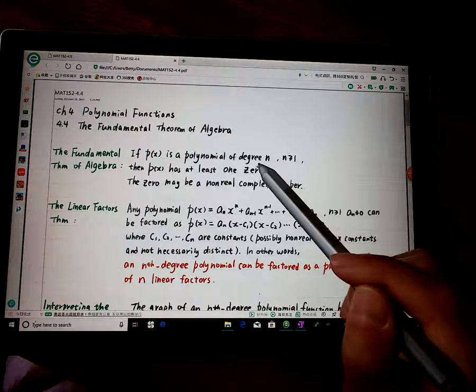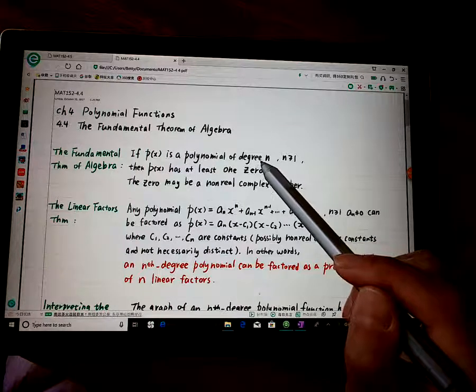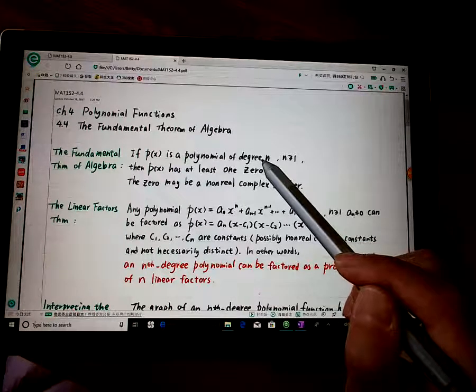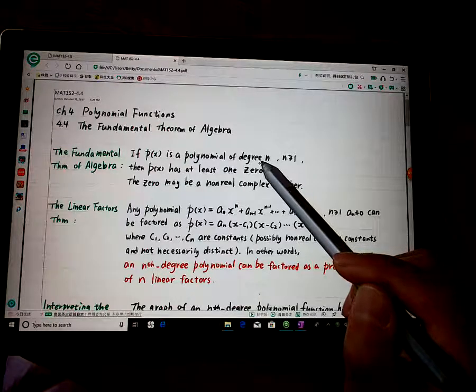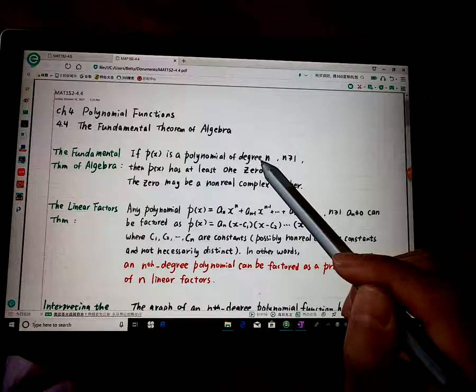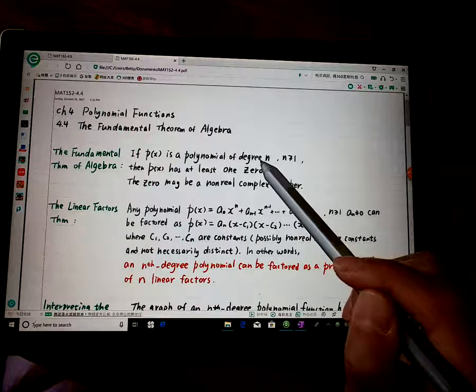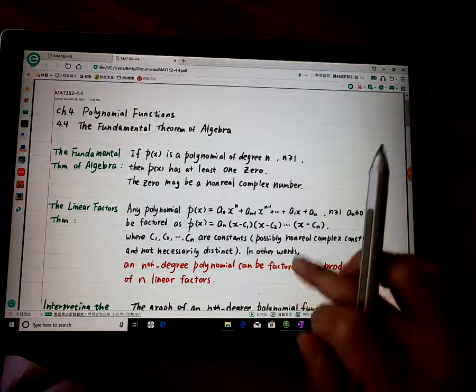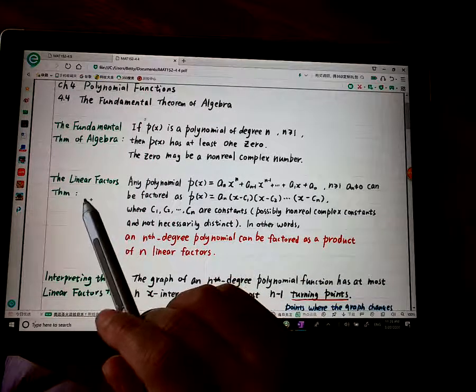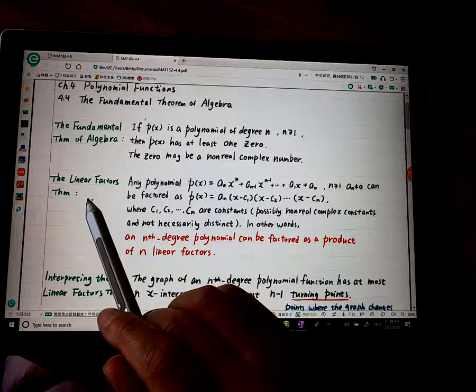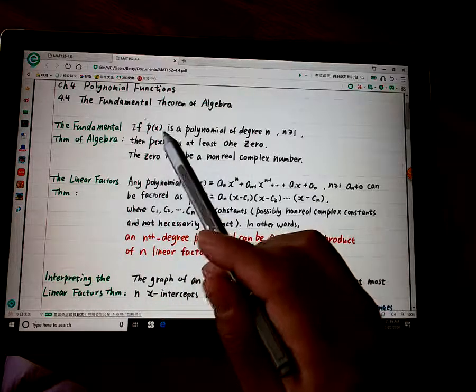And those zeros, those n zeros, do not have to be distinct. And those n zeros do not have to be real numbers. Okay? So the linear factors theorem actually can be seen as a corollary of the fundamental theorem of algebra.